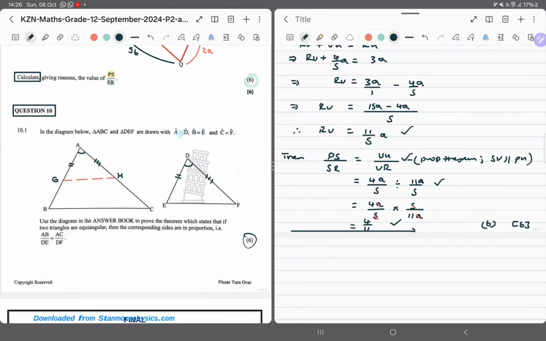Because that is given here. So we can see that essentially this triangle here is going to be congruent to that triangle. By construction, of course. So by construction, that is the story.